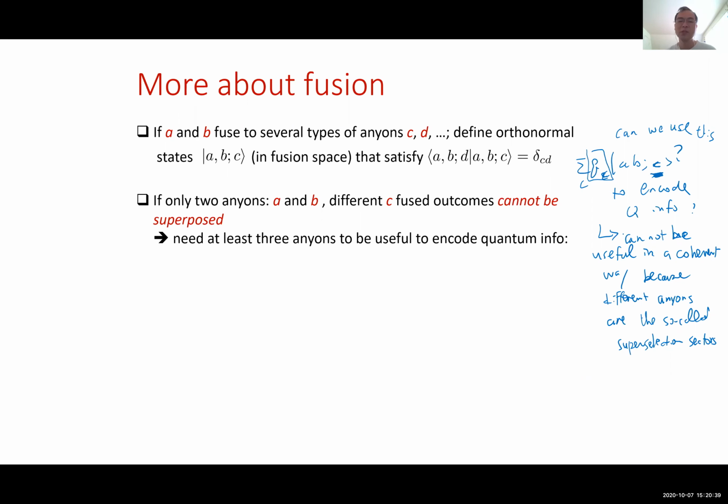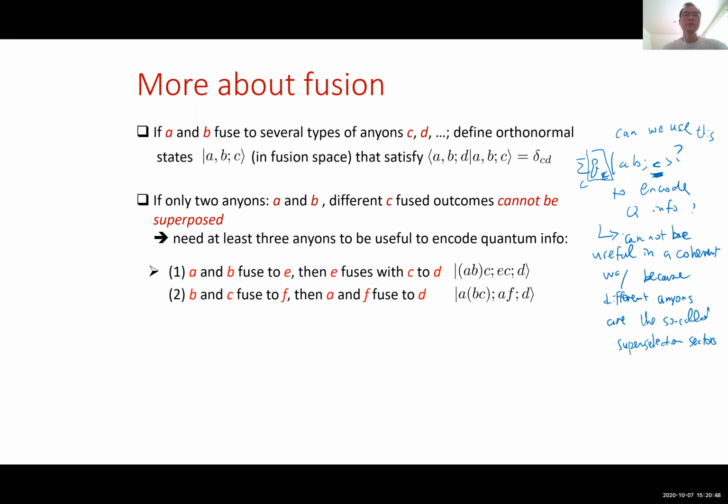But we can have more than two anyons. So for example, we can use 3 anyons. Because we're considering non-abelian, A, B can fuse to E, and then we fuse another C. So basically there are 3 anyons to begin with, A, B, and C. A, B can fuse to E, and then C and E fuse to D, okay?